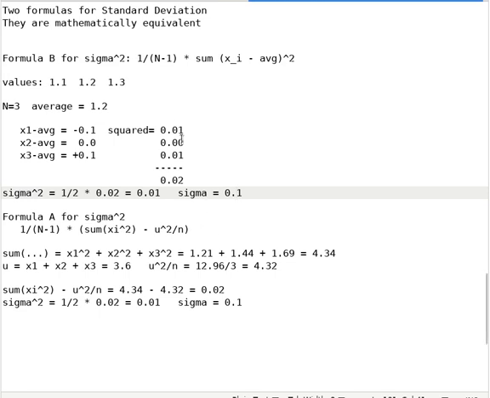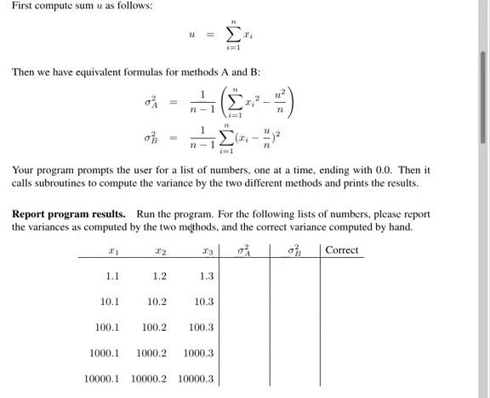So looking briefly at formula 2, over here is formula A. This is actually similar to the average. It's not the same. It's U over n. U is the sum of all the xi's. So we're going to add up all the xi squareds and divide it by n. We're going to add up all the xi's. Here we added up all the xi's and squared it.